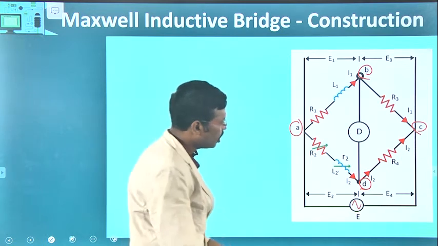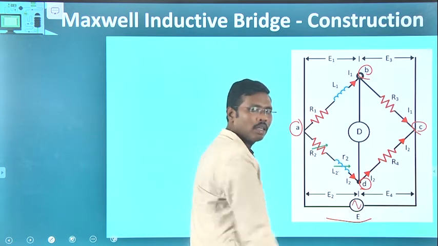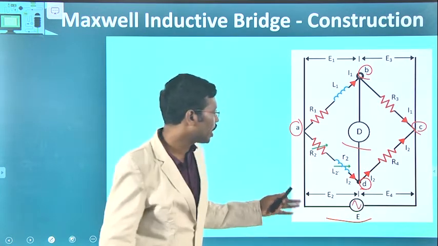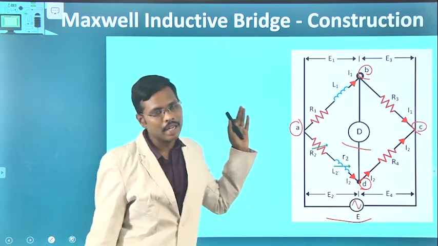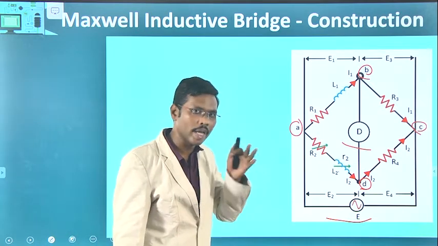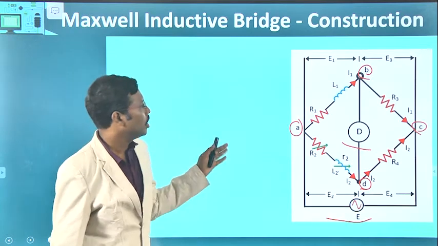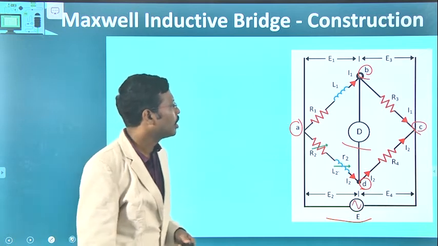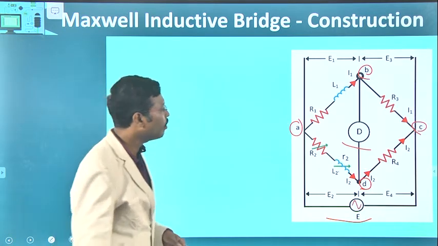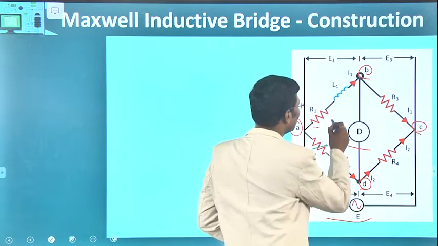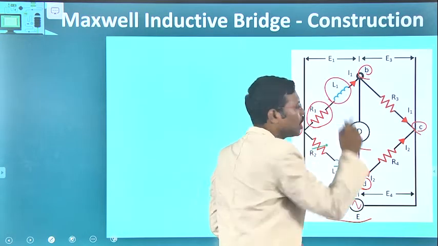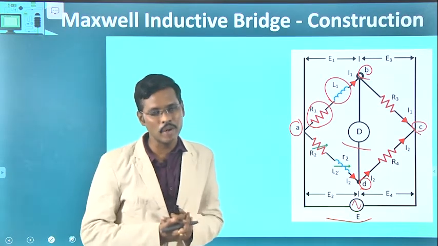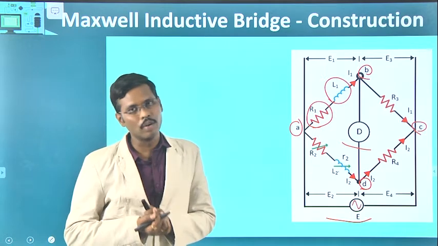We have an AC voltage source, capital E, and a detector, capital D. The voltage source is connected across the nodes A and C, and the detector is connected across the nodes B and D. In the arm AB, we have a resistance R1 and an inductor L1, and in this circuit we assume that the resistance R1 and inductor L1 are the unknown values.